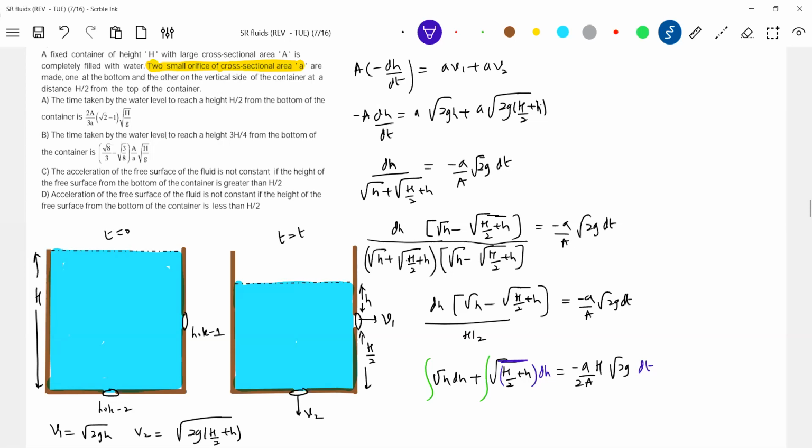Because in the denominator we'll get minus h by 2. Yeah, fine. Anybody, the limit? These limits are very important here. From H, from where am I measuring?